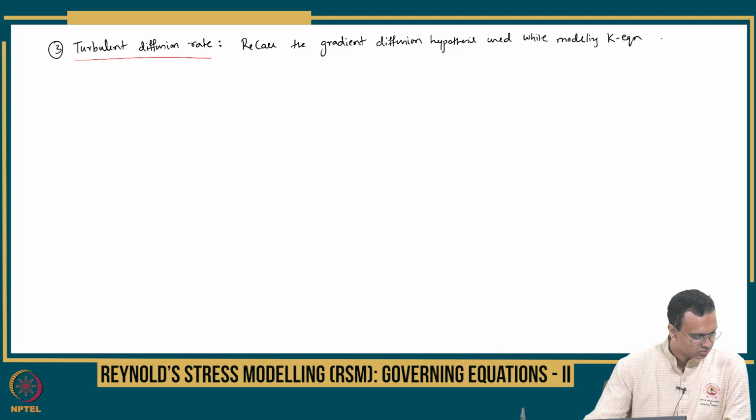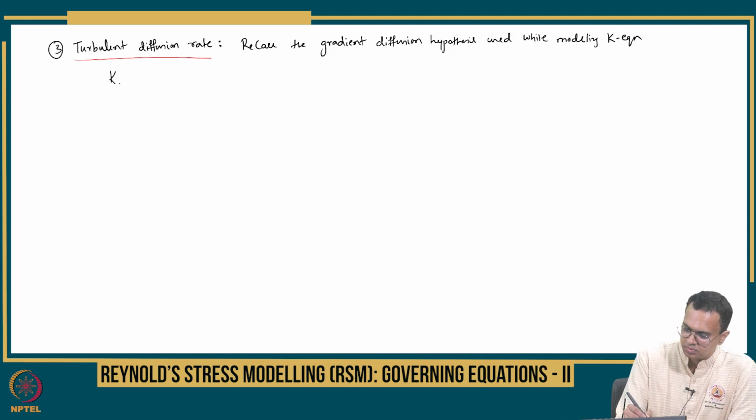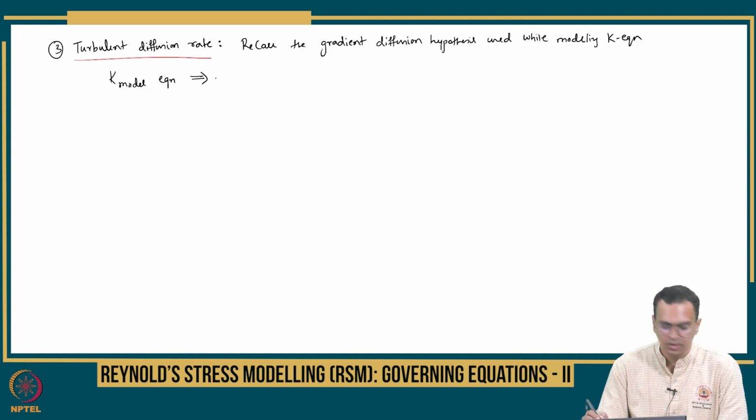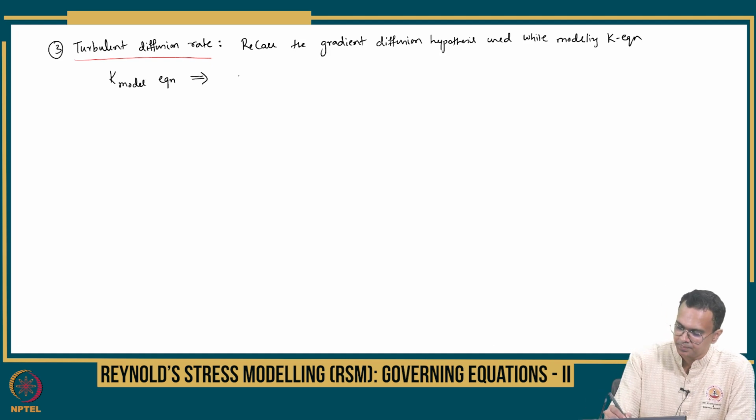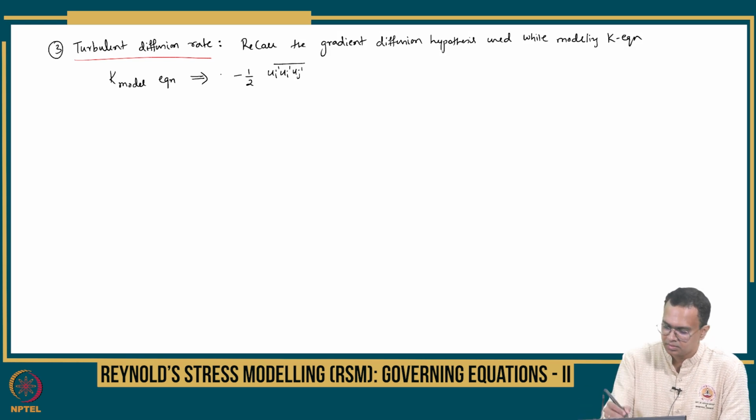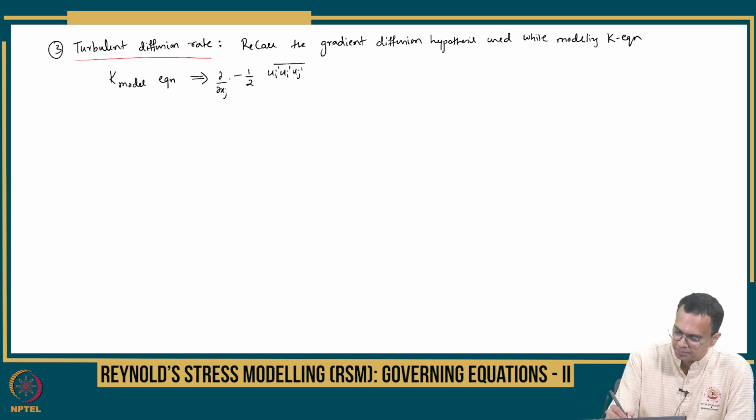In the K model, what did we do for modeling the turbulent diffusion rate term, which was minus half ui prime uj prime average? I am going back to the K equation now first; dou by dou xj of this term in the K equation.